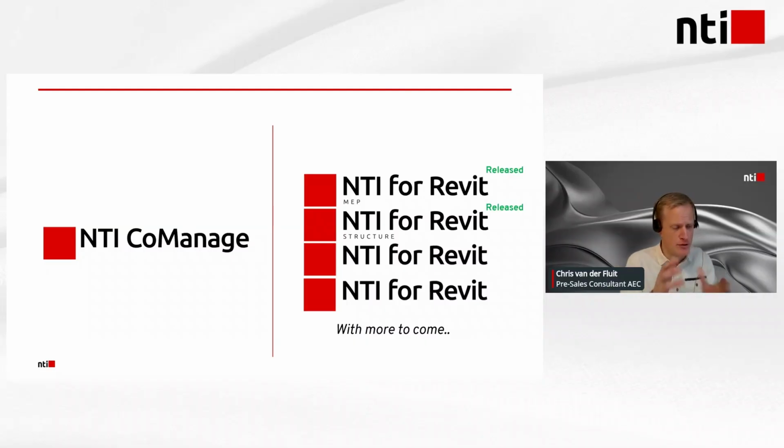And now we try to focus on the specific discipline. So maybe you don't need the general solutions, you just need the MEP. So you can only buy the MEP, for example, that helps you out. There are many more to come. So at the moment we have released MEP and structural, but there are many more to come.